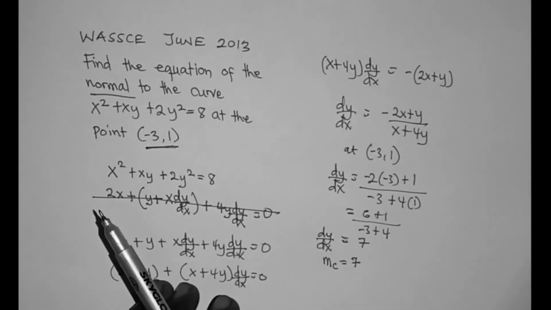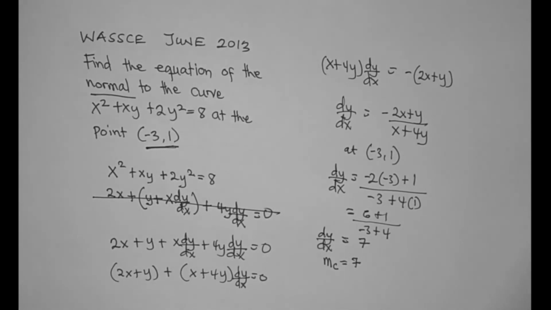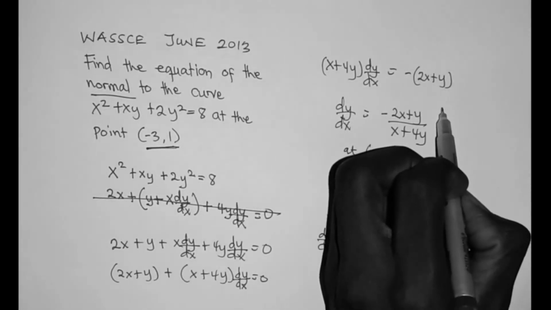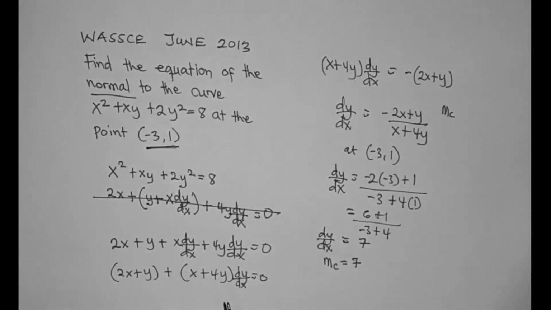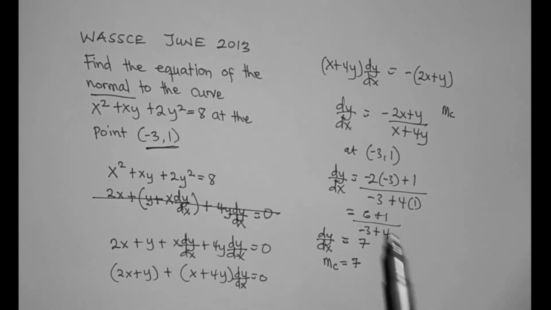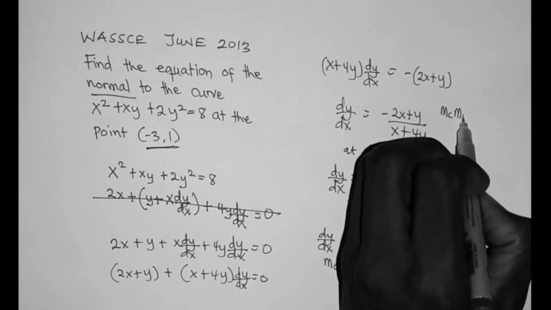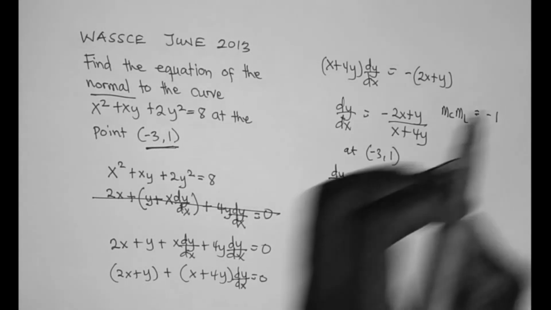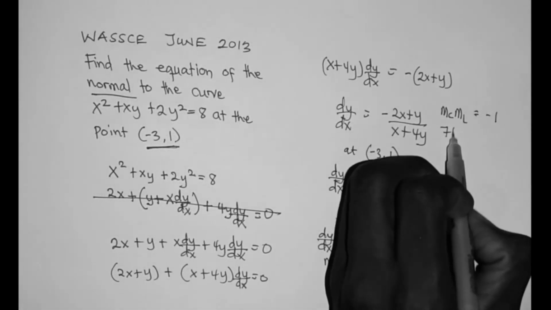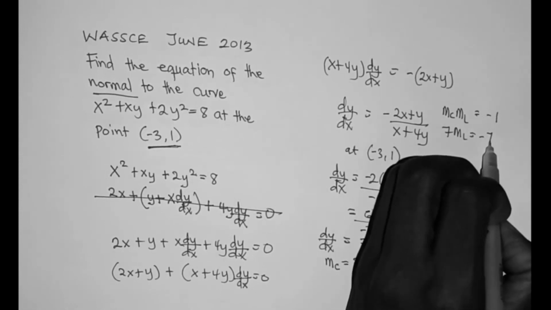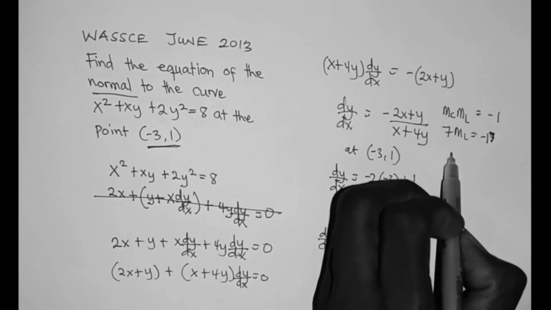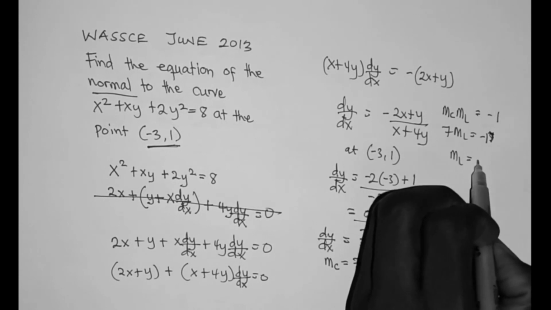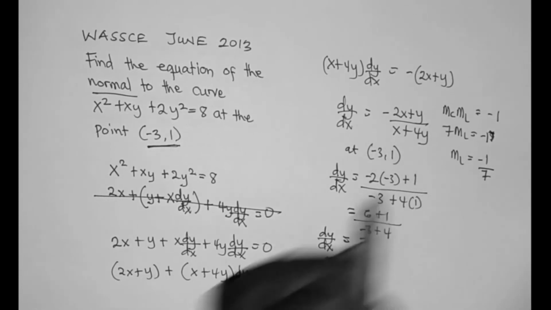The product of the gradients of two perpendicular lines is -1. So mc, the gradient of the curve, times the gradient ml of the line is equal to -1. So 7 ml is equal to -1, and therefore the gradient of the line is -1/7.